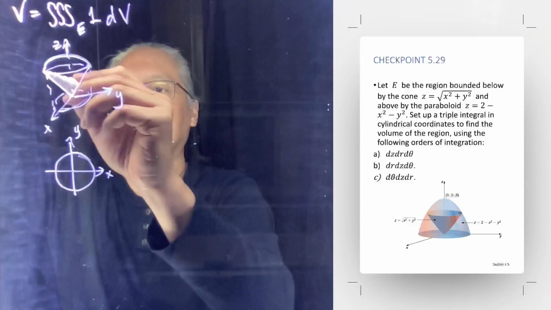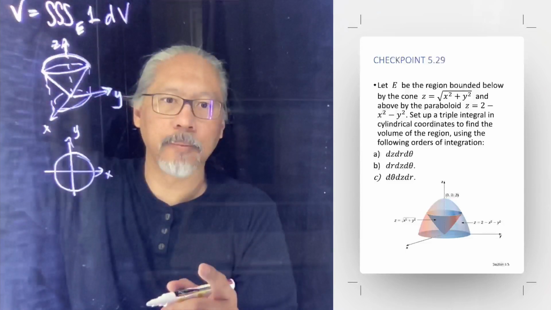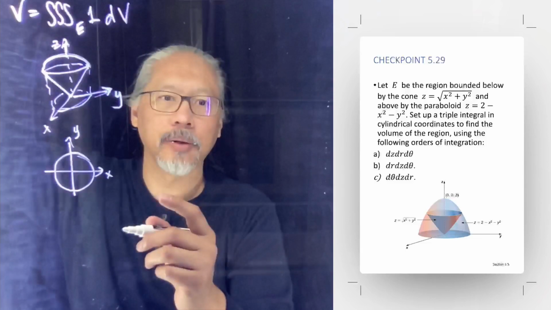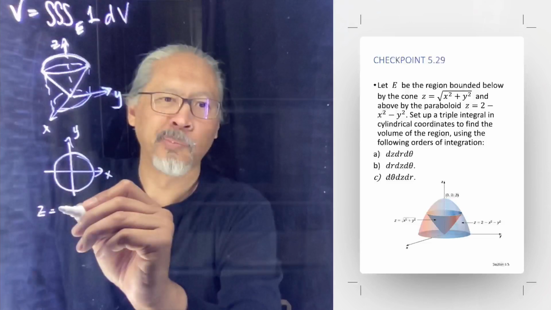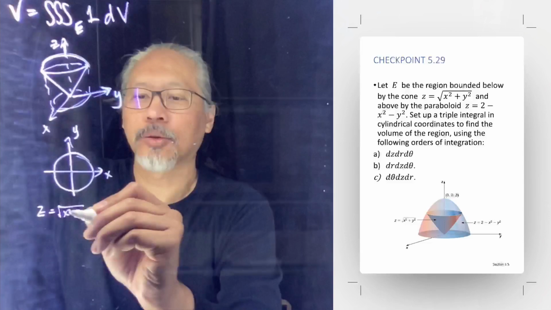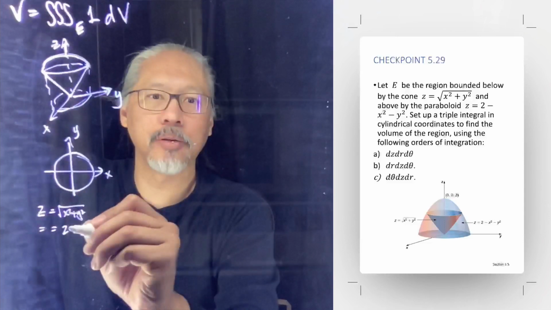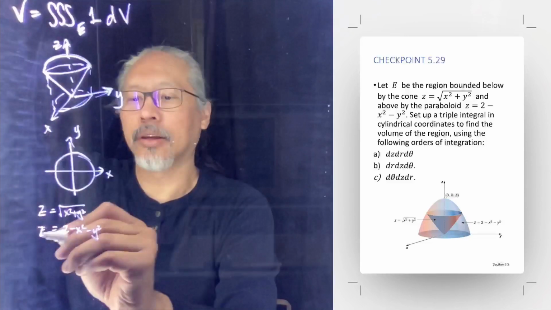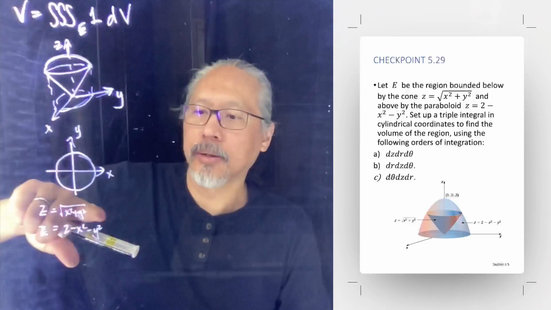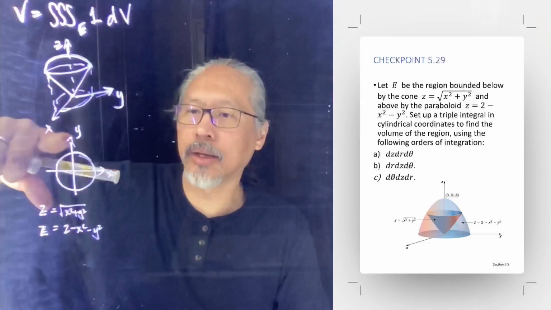The shadow is actually the intersection between the cone and the paraboloid. The cone is z is equal to the square root of x squared plus y squared, and the other surface is z is equal to 2 minus x squared minus y squared. We want to find their intersection down on the xy plane.